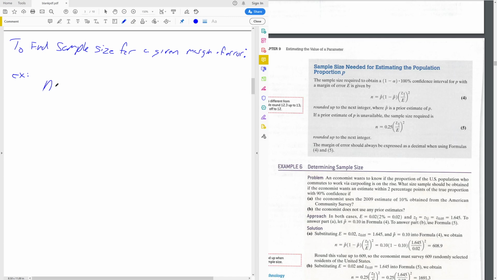First, let me put the formula down. n equals 0.25 times the z-score that pertains to the confidence level, just like the other thing we did, divided by our margin of error that we want, and then we square that.